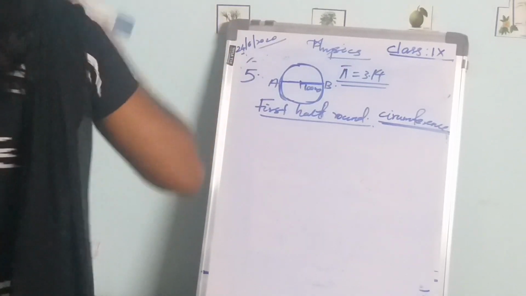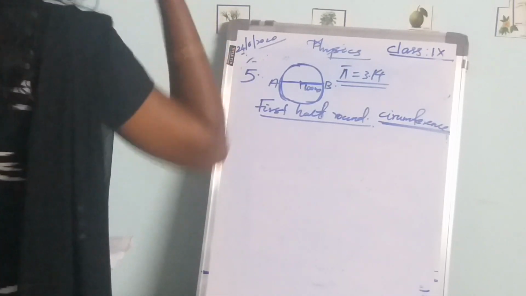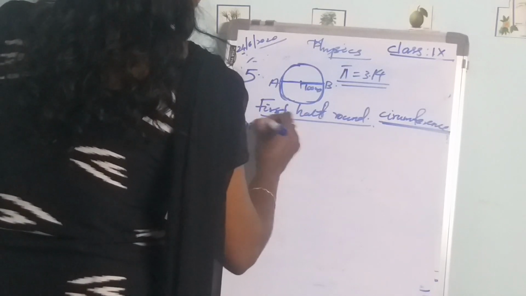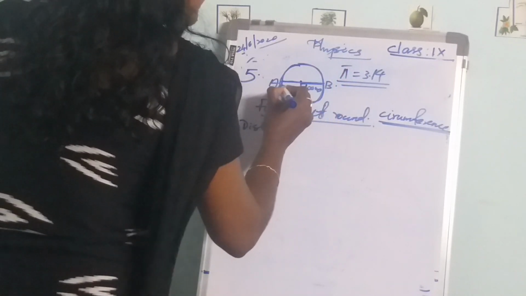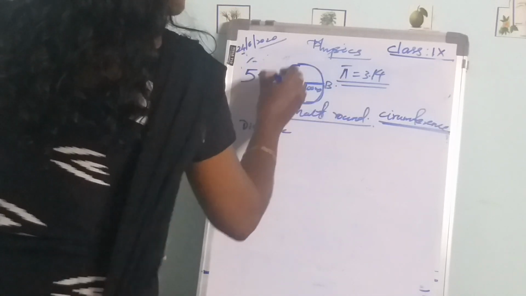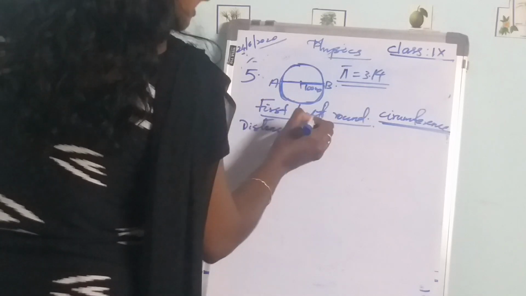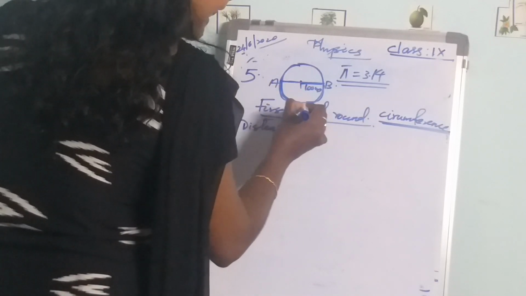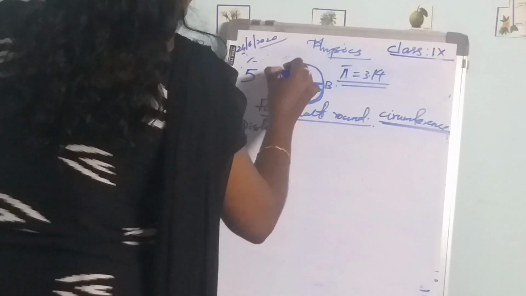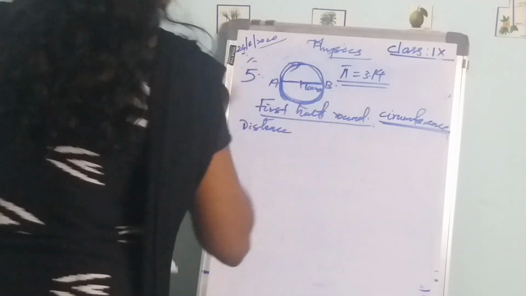During the half round, the man completes half of the circumference, so the distance is half of the circumference.